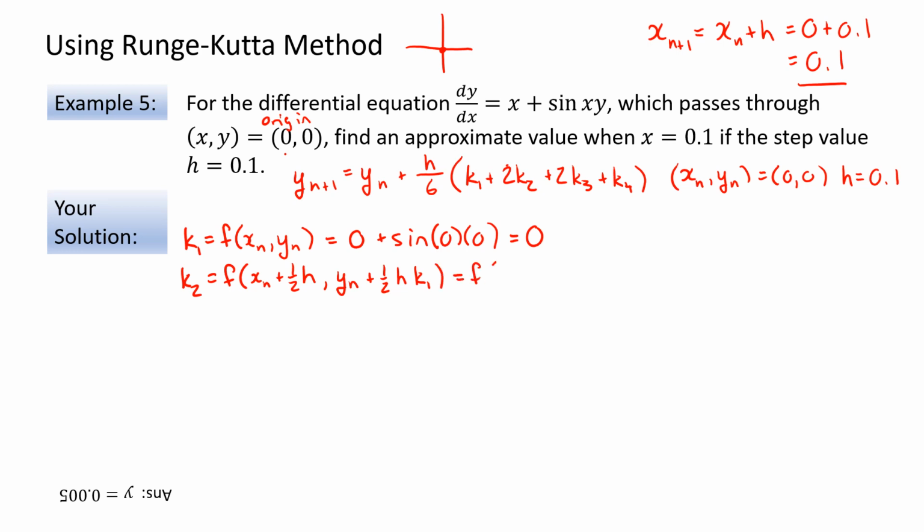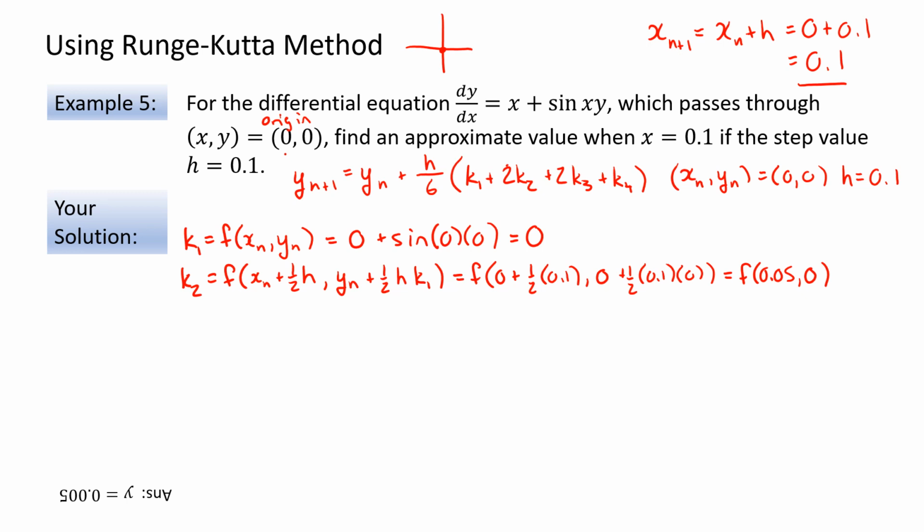So this comes out to our function at 0 plus 1/2 times 0.1. And for y, 0 plus 1/2 times 0.1 times 0. Okay? If you calculate this out, you get that it's our function at 0.05 for x and 0 for y.